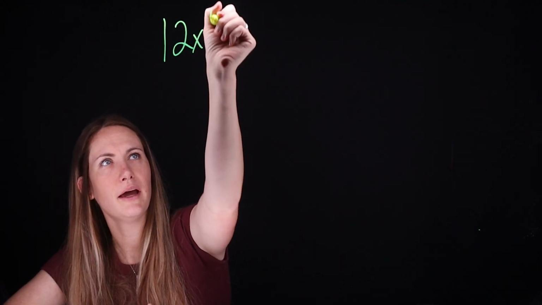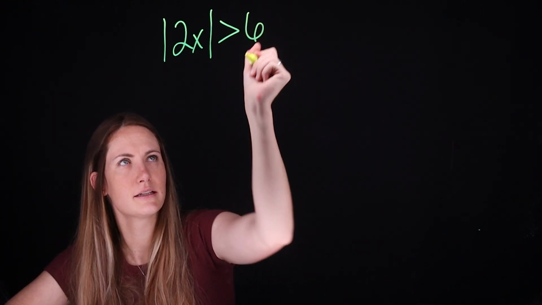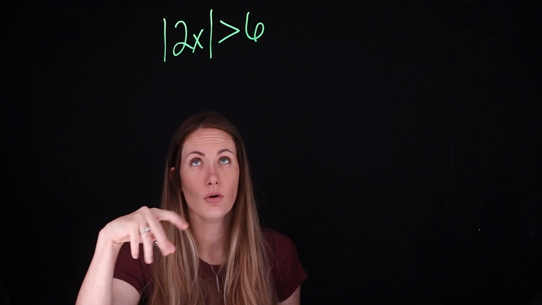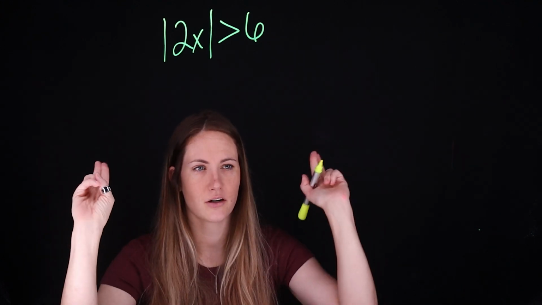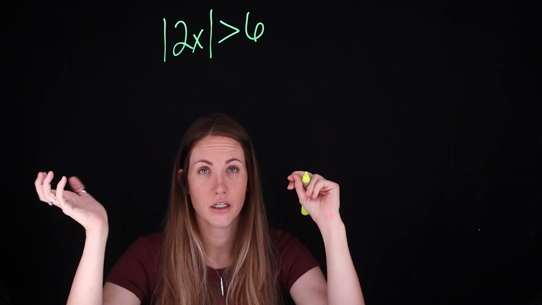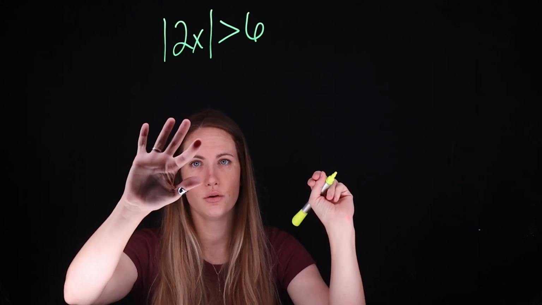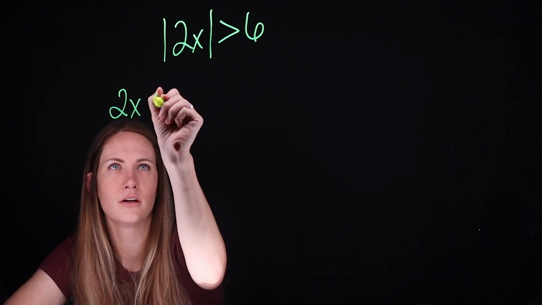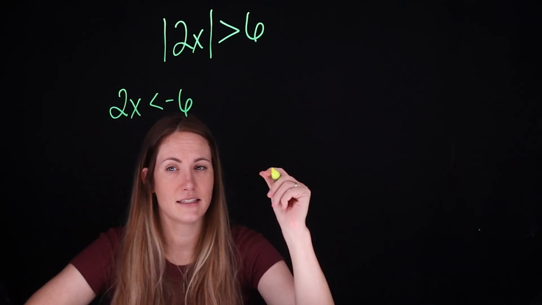Okay, this one's our first inequality. So we have the absolute value of 2x is greater than 6. So when we have absolute value inequalities, we still have our positive 6 and our negative 6. But for our inequality to remain true, we're going to have to do your negative first is less than negative 6.